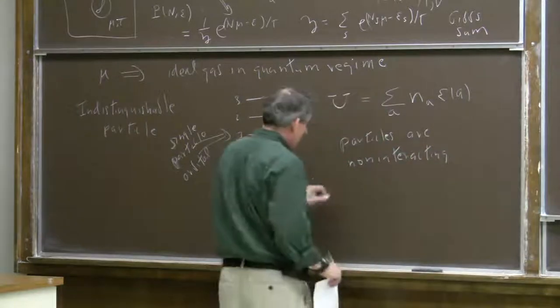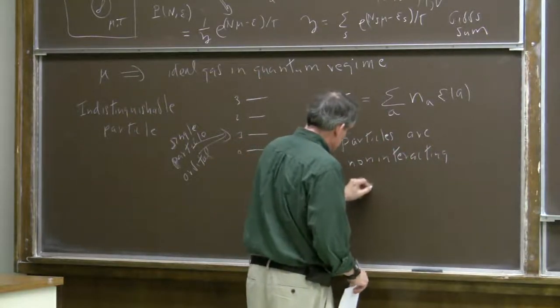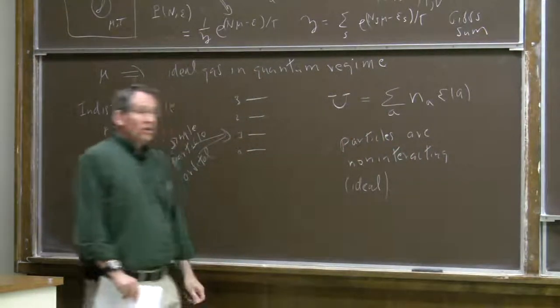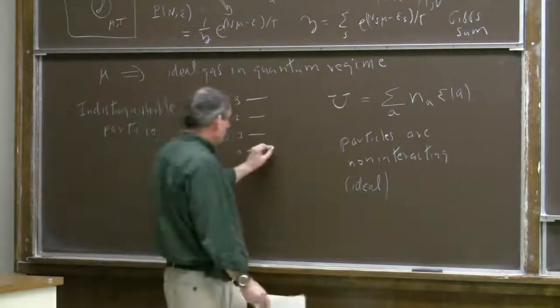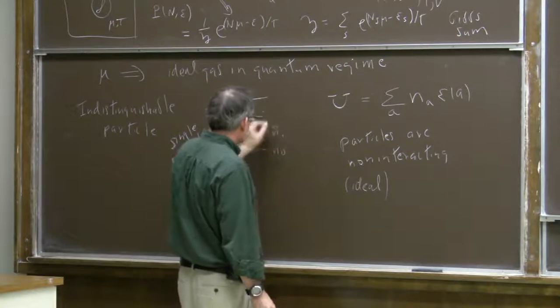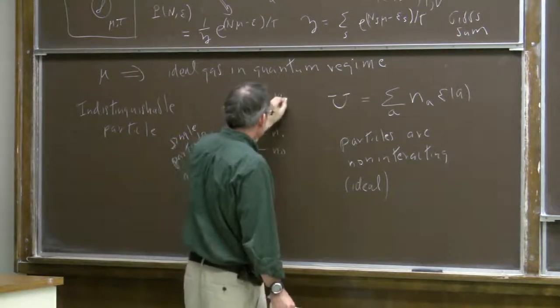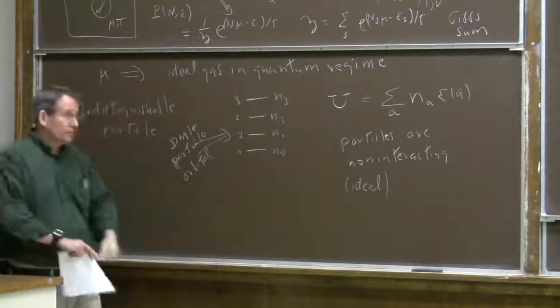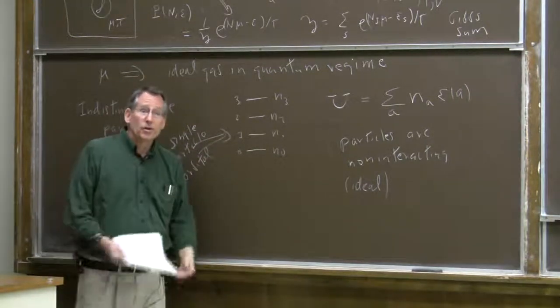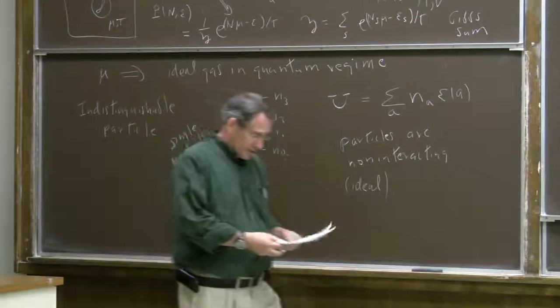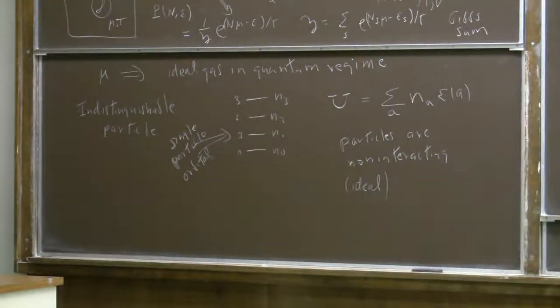That's the sense in which the gas is ideal. So when we sum over configurations, what we're interested in is how many particles are in the ground orbital and how many are in the first excited orbital and so on. And summing over configurations will mean summing over the occupation numbers of each one of the orbitals. And that's how we can keep track of what the different states of the system are.